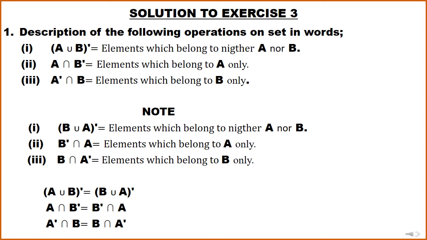For I, B union A complement is equal to elements which belong to neither A nor B. B complement intersection A is also equal to elements which belong to A only. III, B intersection A complement is equal to elements which belong to B only.